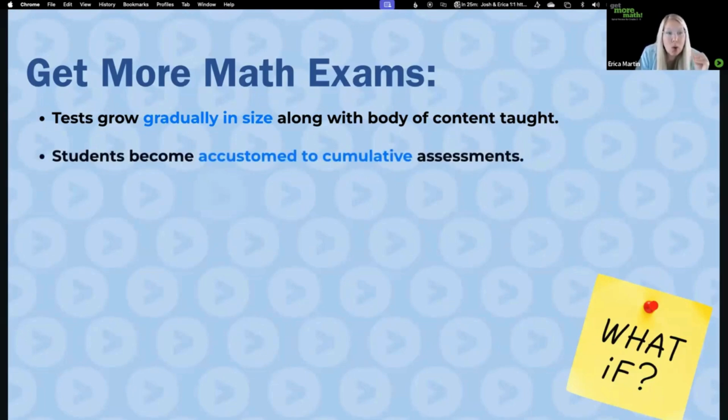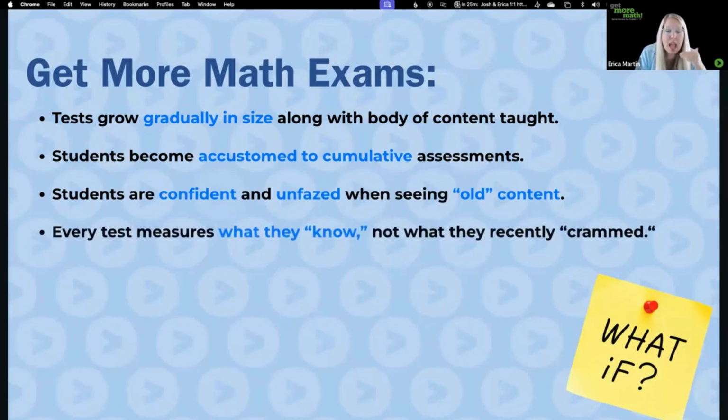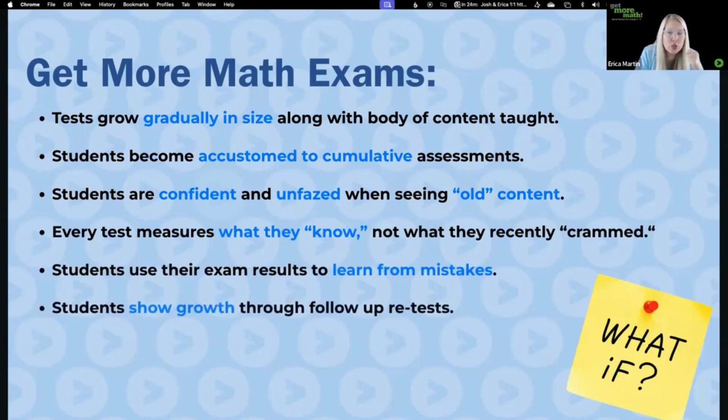Your students will become accustomed to cumulative assessments because they are so accustomed to the cumulative spiral review. Your students will be completely unfazed when they see old content. Every one of your tests can now measure what they know instead of what they crammed. Your students will have an opportunity with every exam to learn from those mistakes and an opportunity to show growth through those follow-up retests.